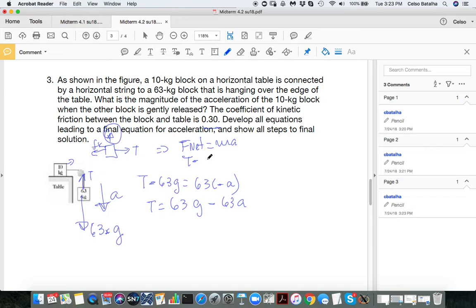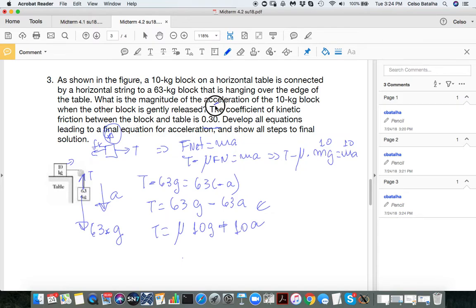F net is equal to T minus kinetic friction, which is coefficient times the normal, equals ma. Then tension minus coefficient times mg is equal to ma, and the mass is 10 kilograms. Then basically tension, according to that equation, is coefficient of kinetic friction times 10g plus 10a. And now we can solve, g is a known factor, you can solve for acceleration.